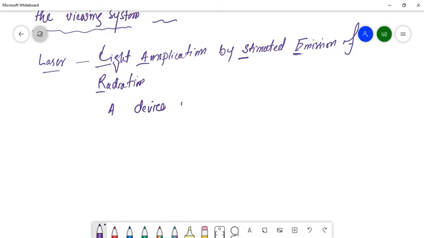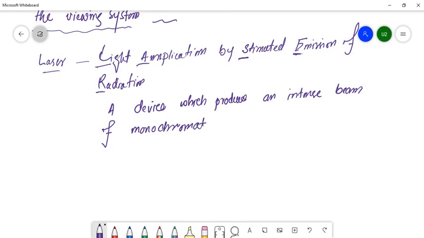So a device which produces an intense beam of monochromatic and coherent light. Okay, so that is the short definition of laser.